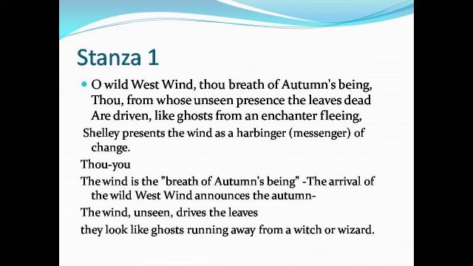That means the arrival of the wild west wind announces the autumn. The wind, unseen, drives the leaves. Look at this line: thou from whose unseen presence the leaves dead are driven. It is compared to ghosts running away from a witch or wizard, like ghosts from an enchanter fleeing.